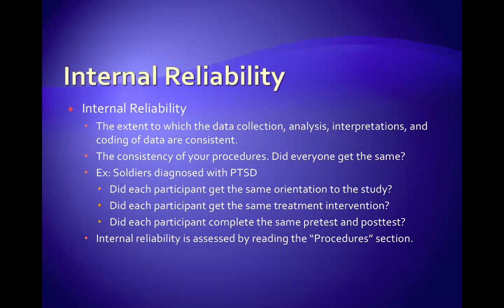You don't want to give your intervention group the Beck Depression Inventory, and then give the control group some other depression inventory, because those two inventories are going to measure depression in different ways. It might define depression in slightly different ways, thus lowering your internal reliability, and also lowering your internal validity for the study, because internal reliability is directly related to internal validity.